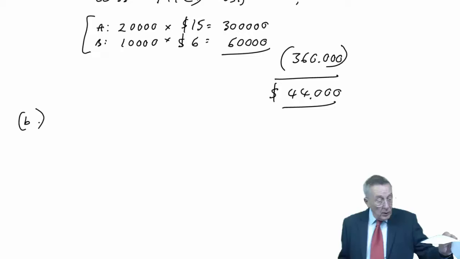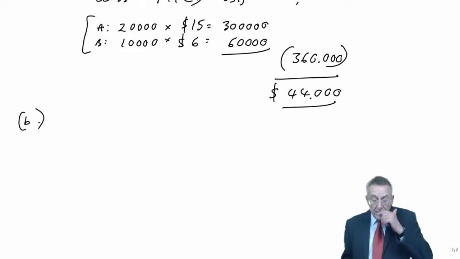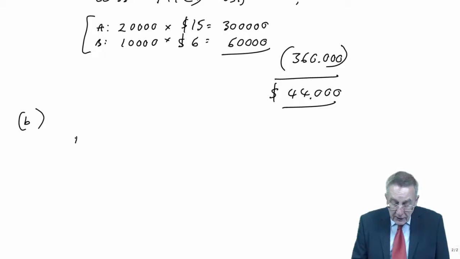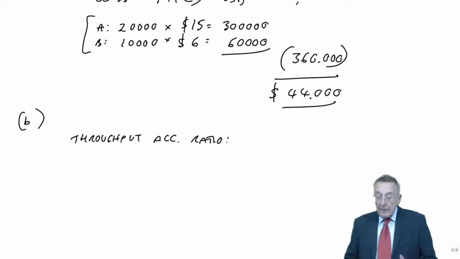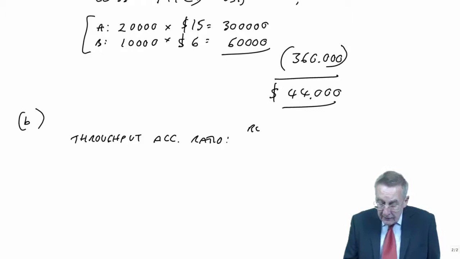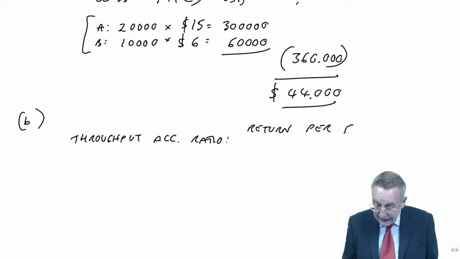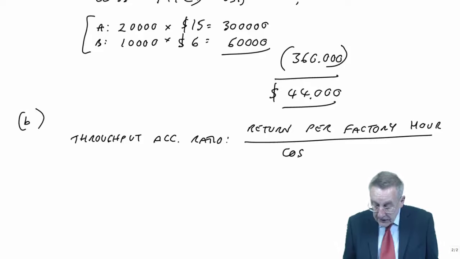Well, although it's listed on one of the previous pages, the definition of the throughput accounting ratio is the return per factory hour divided by the cost per factory hour.